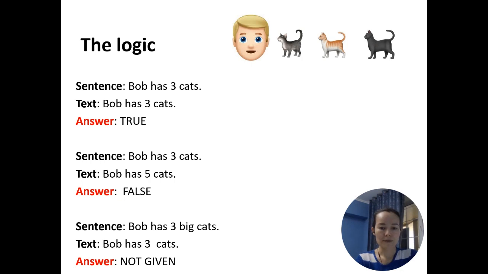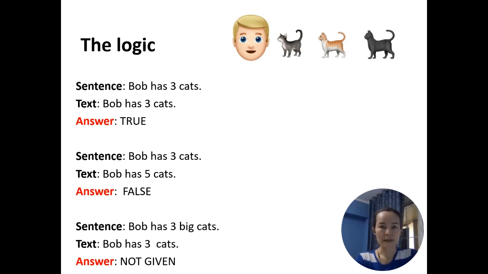So let's imagine that a sentence says, Bob has 3 cats. And the text says Bob has 3 cats. The same person, Bob, the same situation, possession of cats, he's an owner of cats, and the same number of cats.